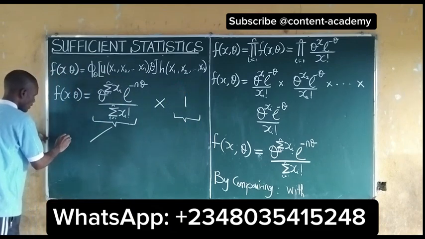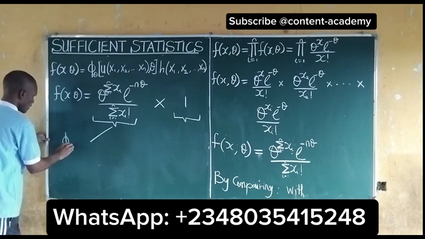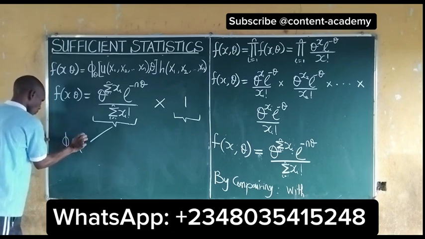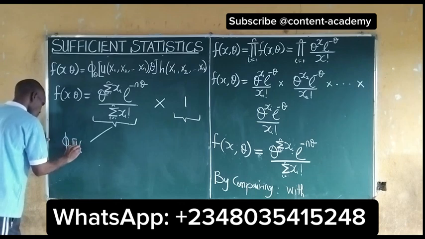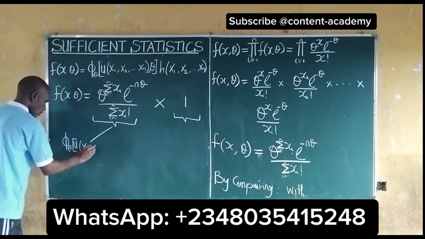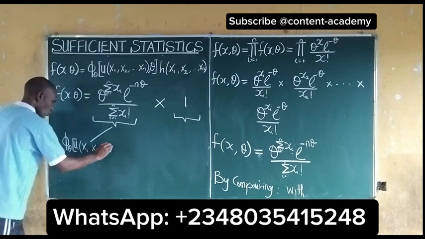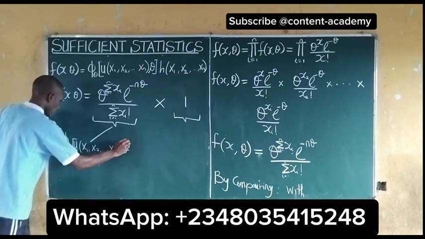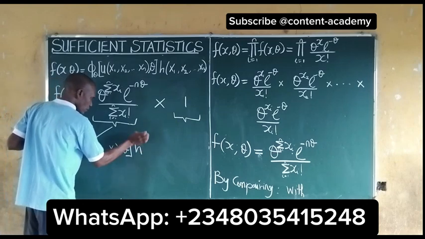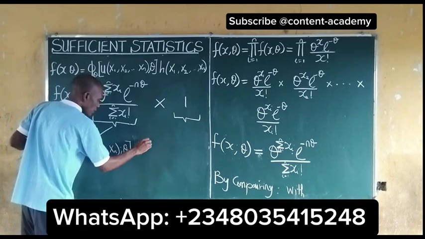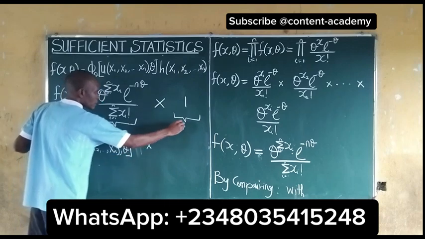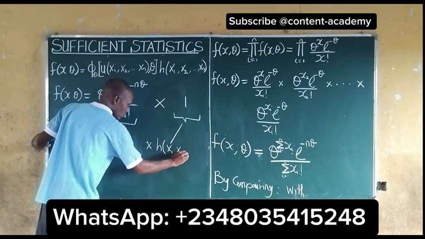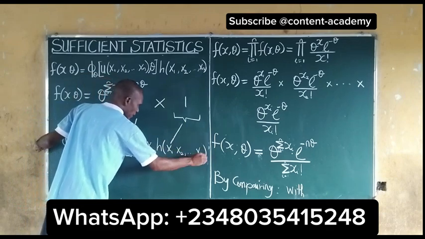This part is g of theta, which depends on the statistic of x1, x2 to xn and theta, multiplied by this other component, which becomes h of x1, x2 to xn.